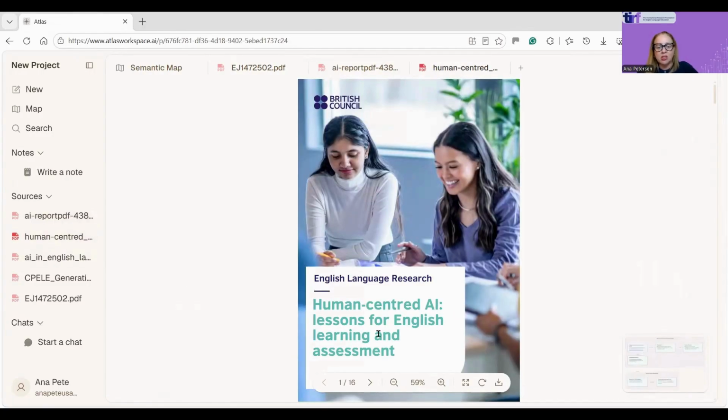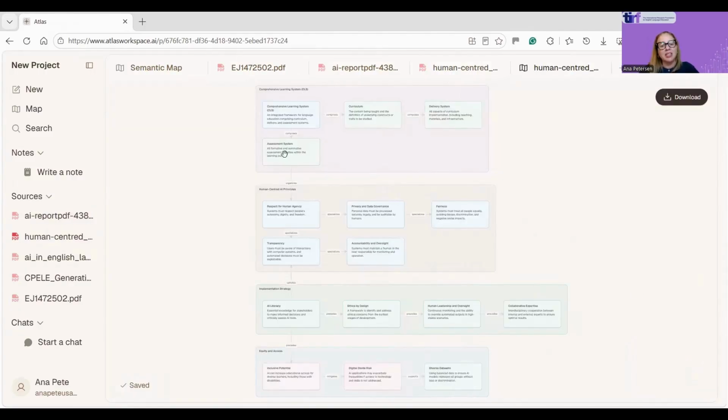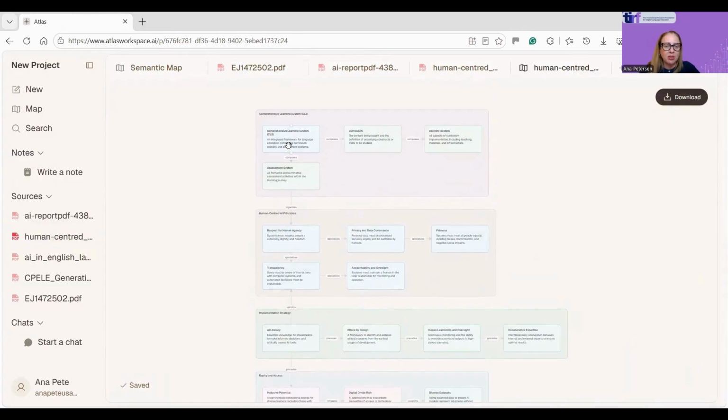Human-centered AI, lessons for English learning and assessment. You see that it's creating here this summary, and I can access this, I can download it, and I can also edit whatever AI has created for me as a summary.